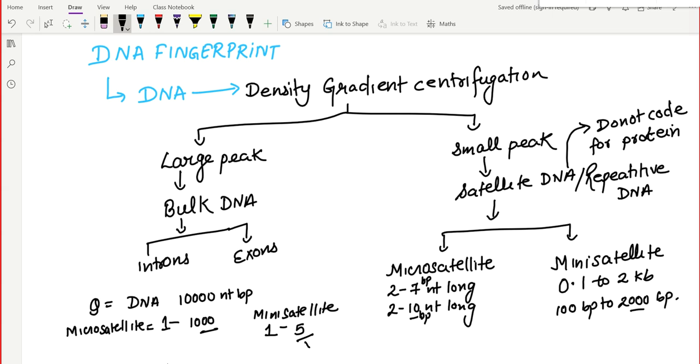Obviously checking this will be much easier compared to this. Studying 1000 pages of notes versus studying 5 pages of notes, which will be easy? 5 pages, right or wrong? Yes, sir. Right, sir. So tell me one thing: in DNA fingerprinting, which one should we use, the microsatellite or the minisatellite?